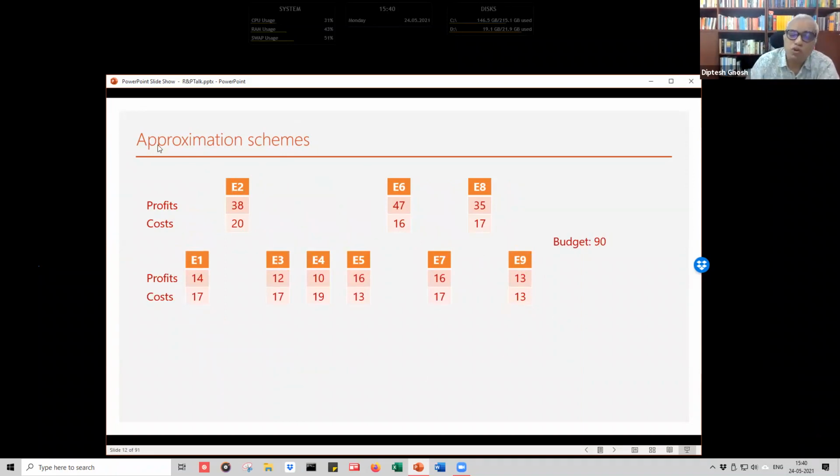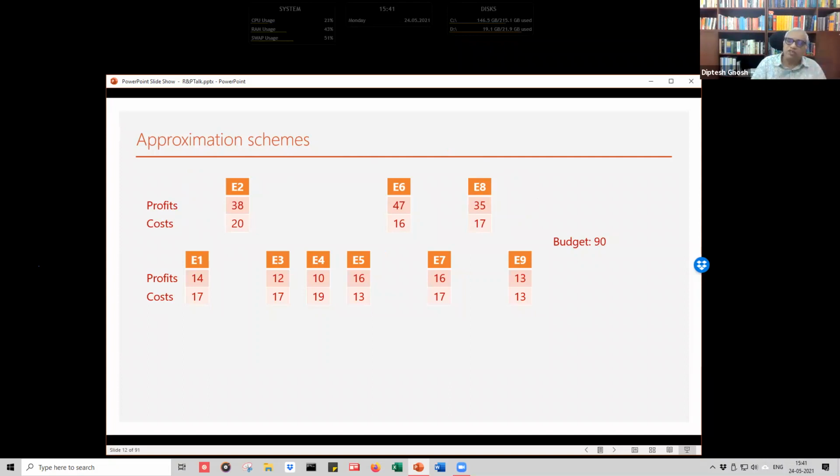Now, what you would do is that you would compute different combinations of these big elements. So I can say that I will not choose any big element, or I can choose only element E2, or I can choose only element E6, or I can choose only element E8, or I have E2, E6, or E2, E8, or E6, E8, or I have all of them. So if you have k elements in your big elements, you have 2 to the power k different ways of combining these elements.